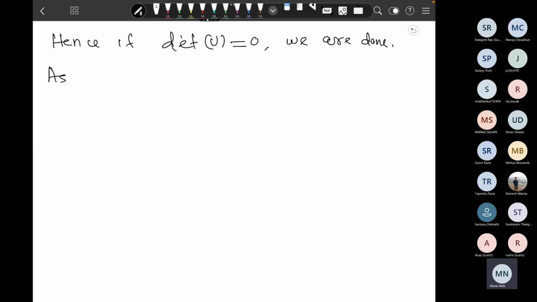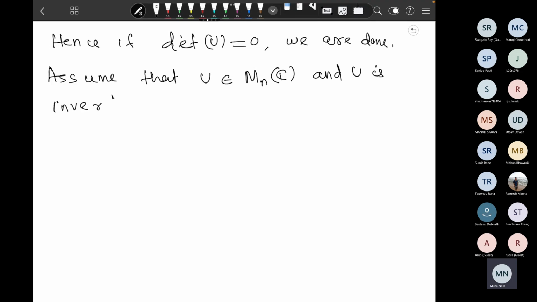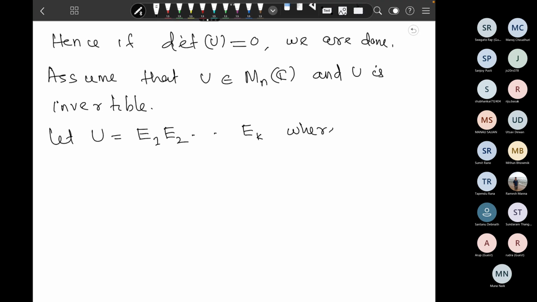Now assume that U belongs to MnC and U is invertible. You know that any invertible matrix can be written as a product of elementary matrices. So let U be equal to E1, E2, up to Ek, where each Ei is an elementary matrix.